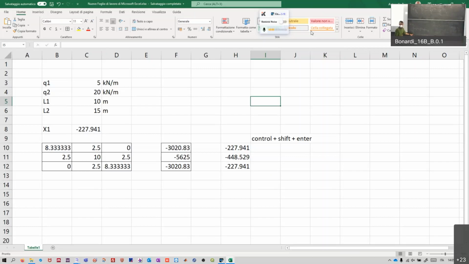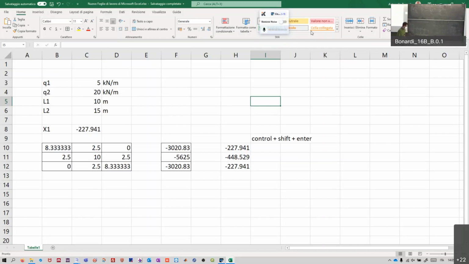Can you guess? It is 0. Okay, cool, because we have a hinge. And that's what we found here. The bending moment in the first node is 0. Then we find something x1, then something x2, then again something x1, and then again 0. That's all.